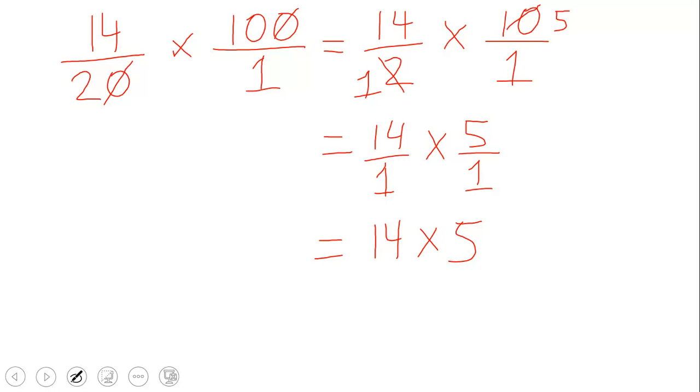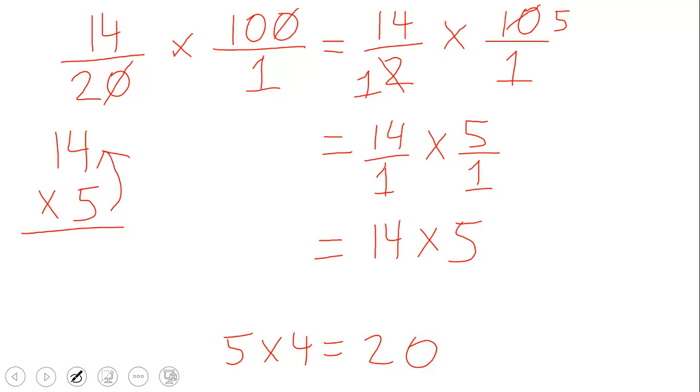So now we have to consider 14 times 5. What is 14 times 5? Let's perform the multiplication. We begin by considering 5 times 4. 5 times 4 is indeed 20. Now 20 is a 2-digit number, so we're going to take this 0 and place it underneath the 5, and take this 2 and place it on top of the 1.